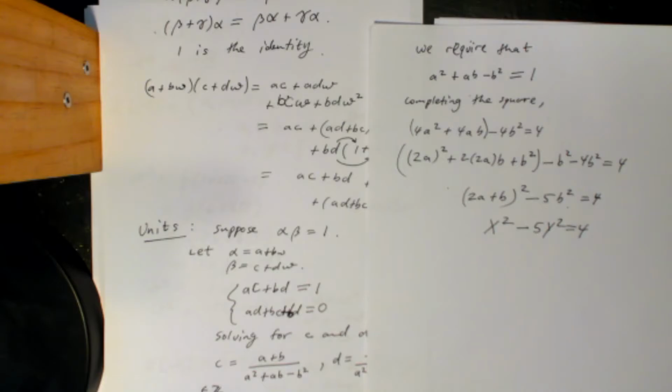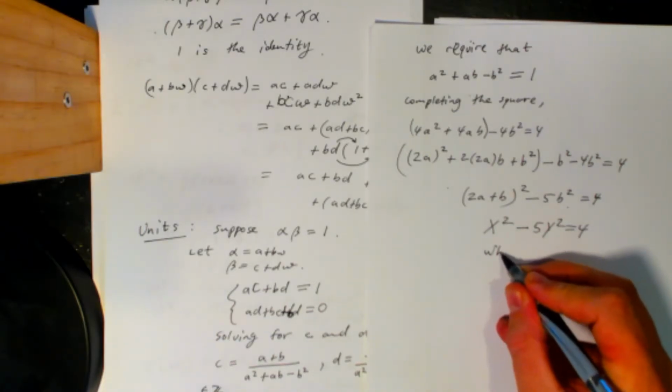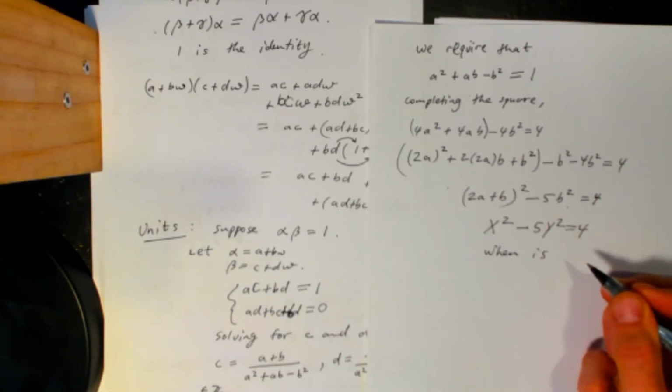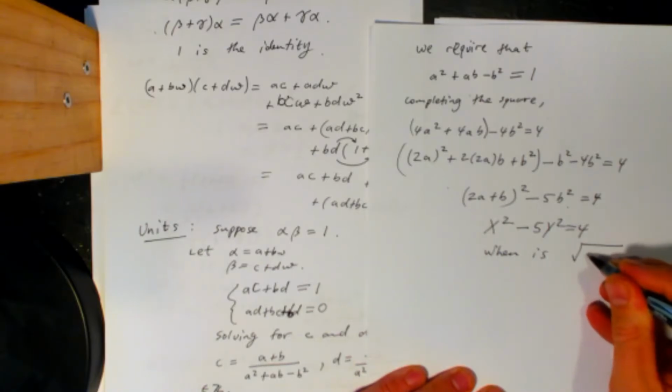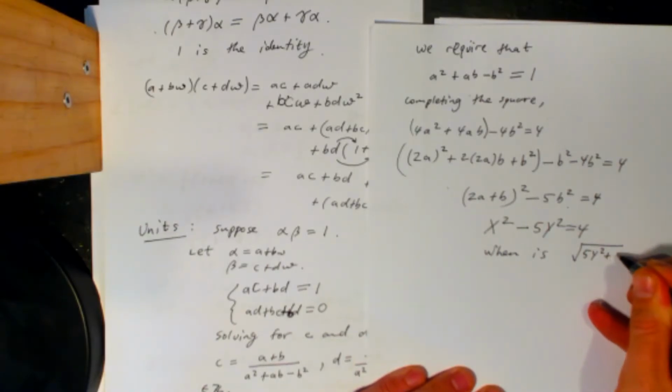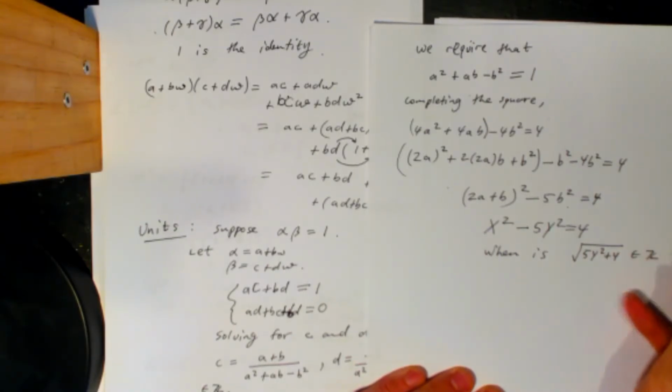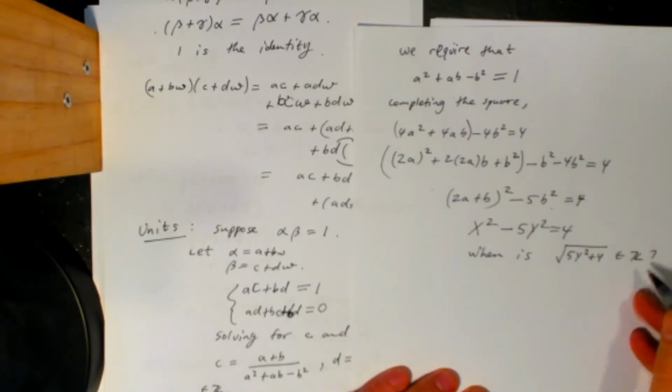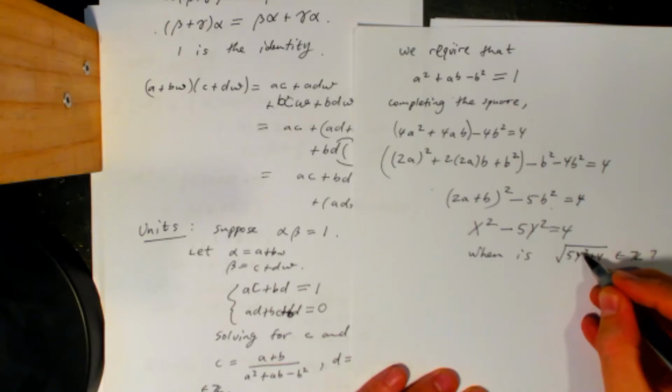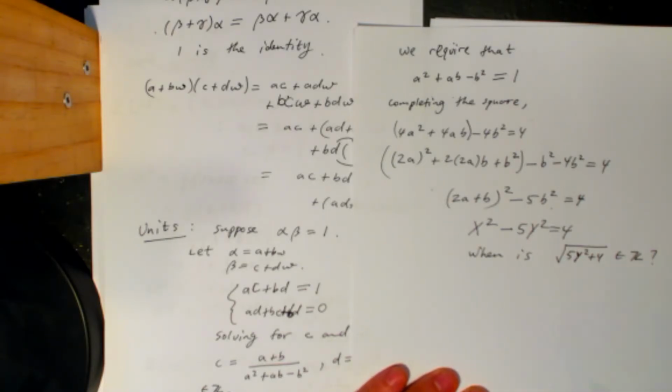Okay, and now I want the solution with the least positive x and y that I can possibly find. So I could search through. Now a simple way to do this is ask yourself, when is the square root of 5y squared plus 4 an integer? And you could run through y values with a computer calculation until you got an integer, and then you find a solution.